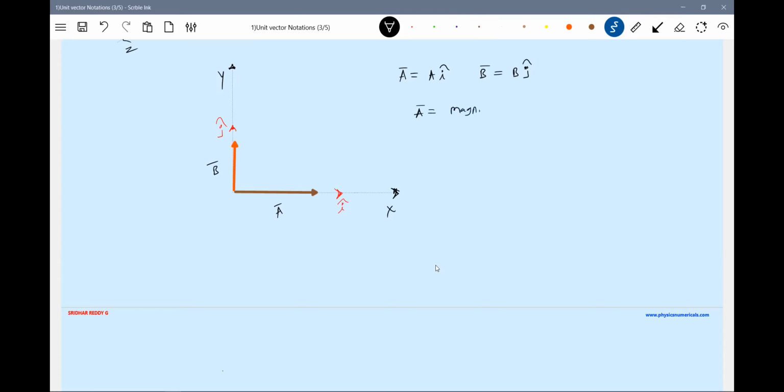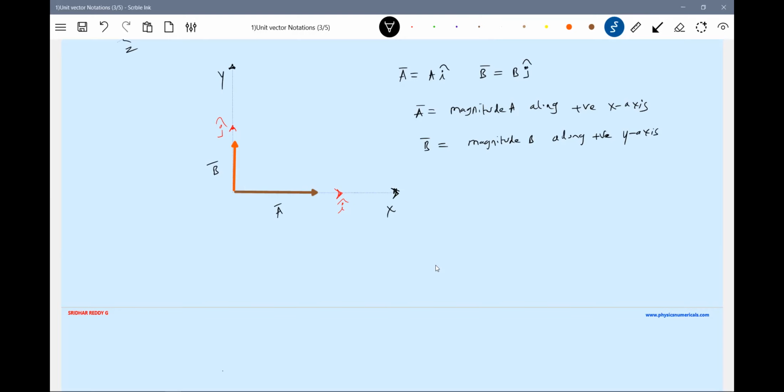Magnitude A along positive x-axis. This is B bar. B bar, how do you write? Magnitude B along positive y-axis. I'll ask you to find A bar plus B bar.